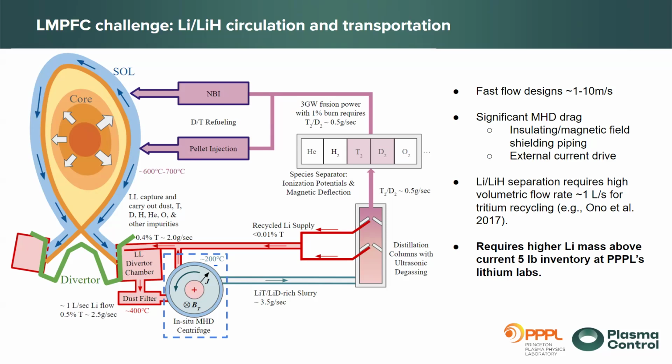Some of the solutions include using insulating piping or developing magnetic field shielding piping, and also applying external currents to drive the flow. All these have to be tested, in order to develop some sort of prototype and then verify that the concept actually works.